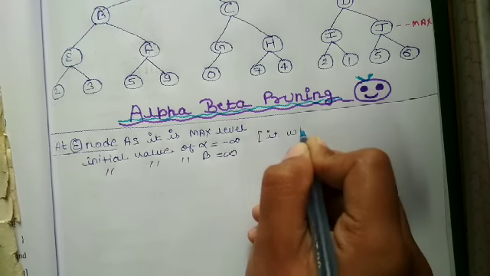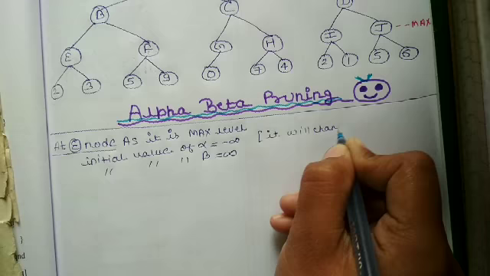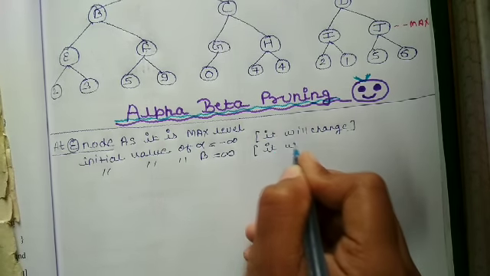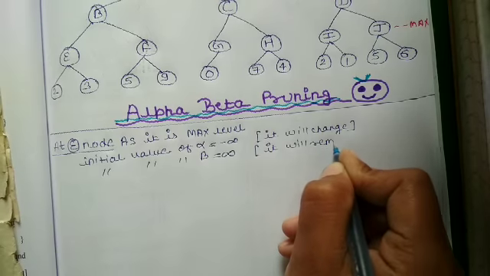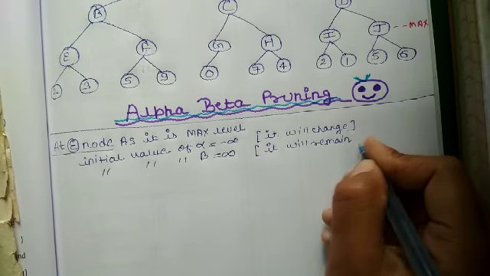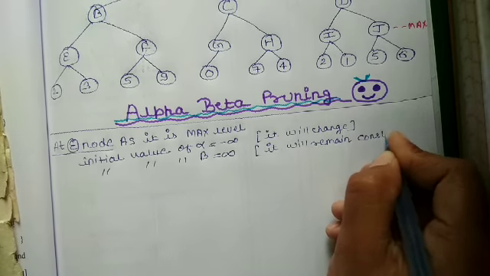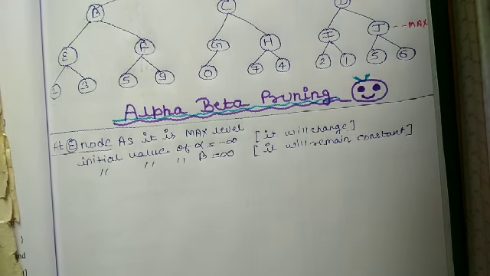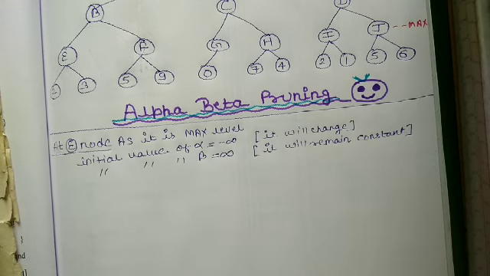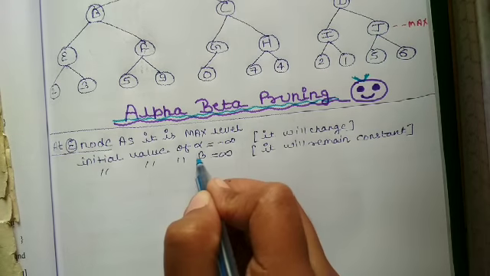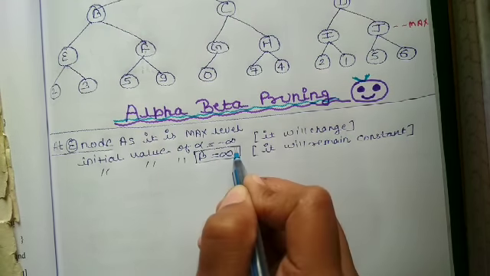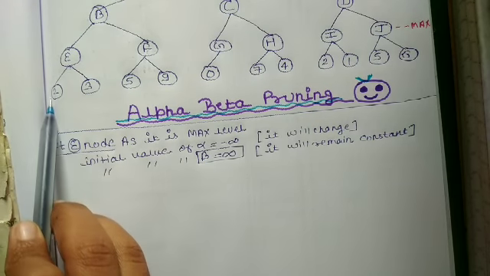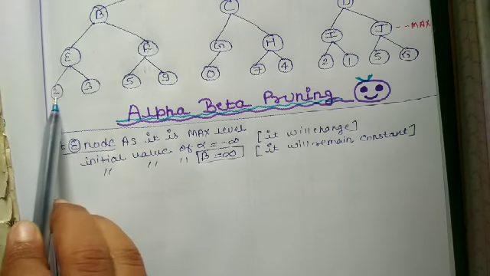It will remain constant. Okay, as I have told you already, in maximum level, the value of beta will remain constant, and the alpha value will change. So when we are exploring the E node, it has found only one child.